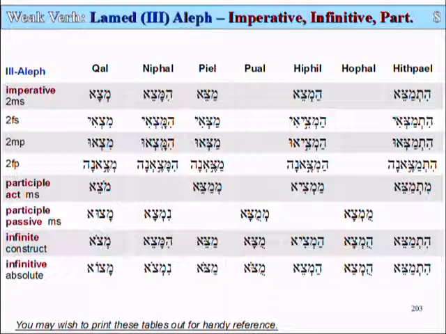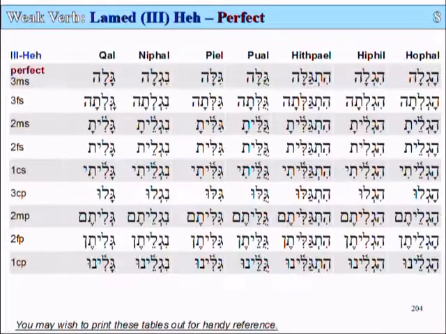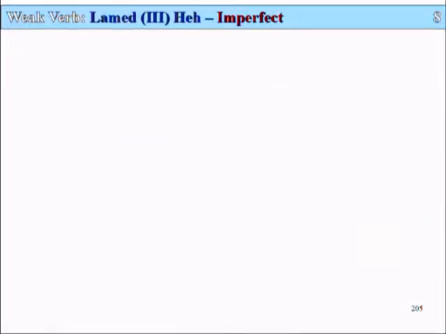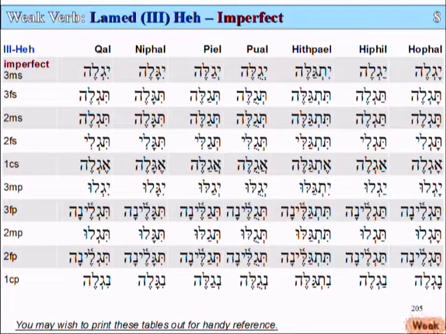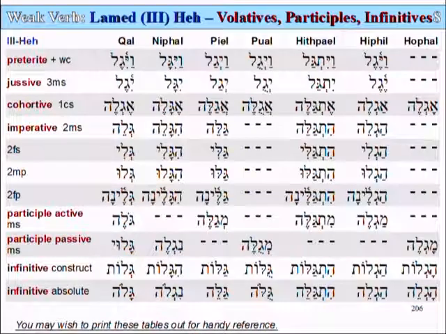So let's continue on slide 204, the Lamed, or the third Hey, the Lamed Hey perfect, and the Lamed Hey imperfect on slide 205. And the Lamed Hey volitives, participles, infinitives, and so forth on slide 206.